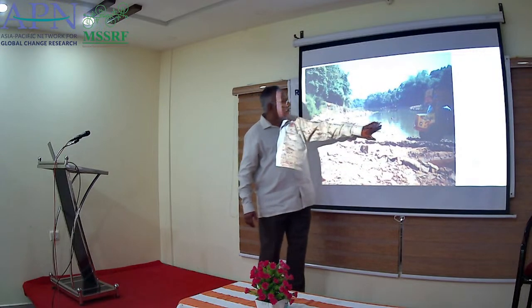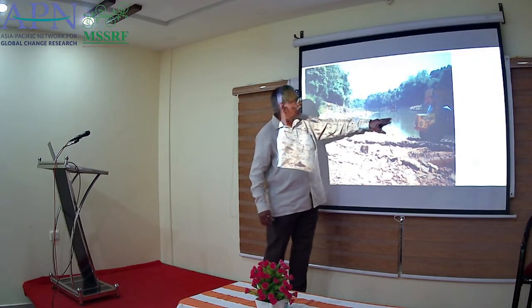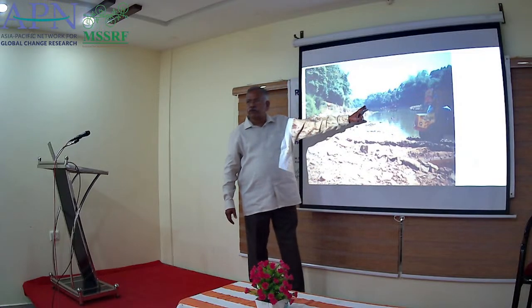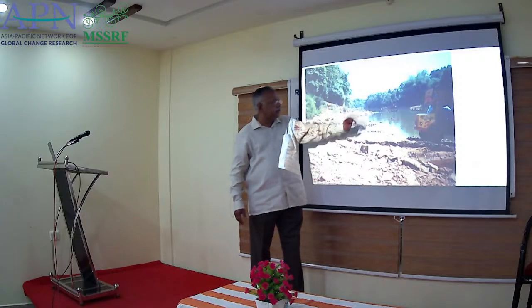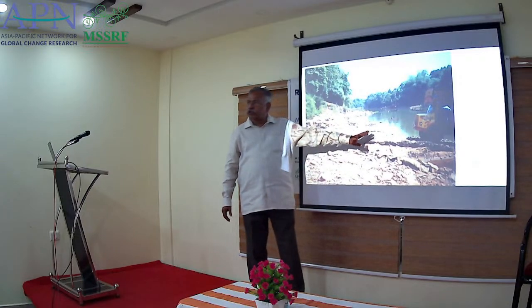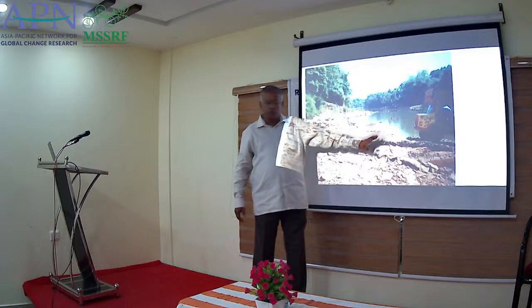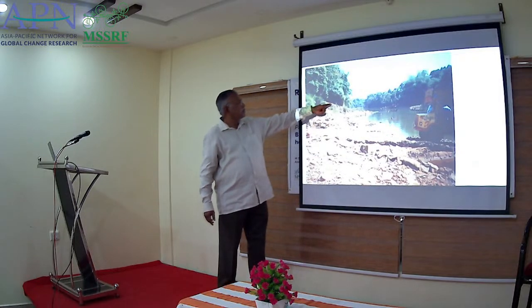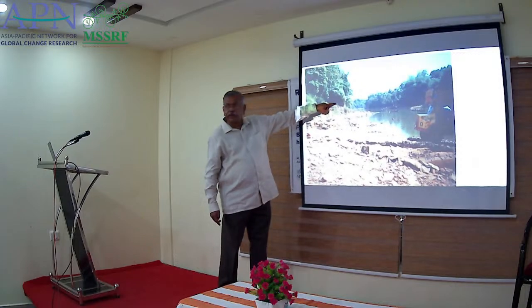And whatever sand is there in patches, these people are taking it out. These boats are used to take out the remaining sand, whatever is there. There is no clay, there is no mud. The sand is totally removed, and how much sand is removed? You can see the lady standing here. Can you see?